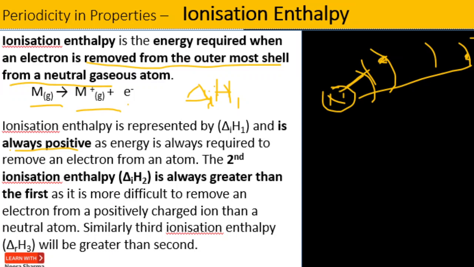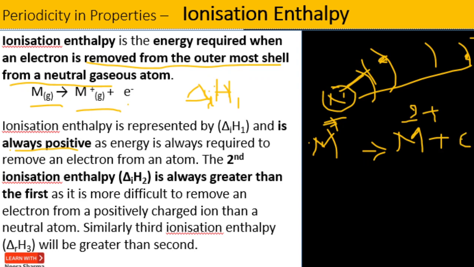So if we have to remove the second electron from an already positive ion, suppose I have to remove a second electron, M plus, I remove another electron, what will I get? I get M 2 plus and another electron.